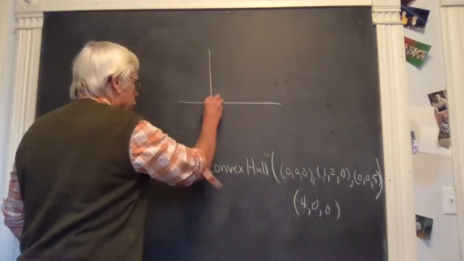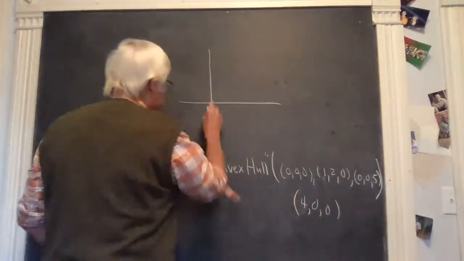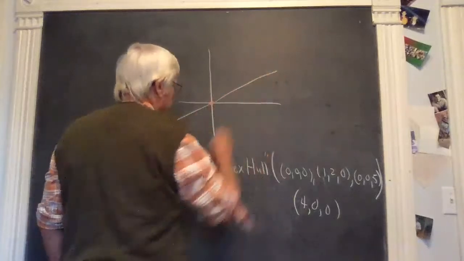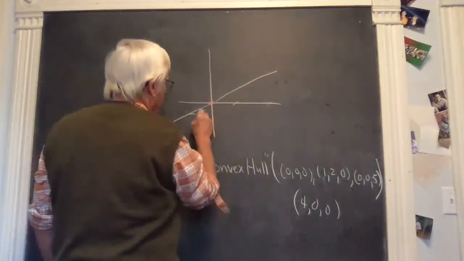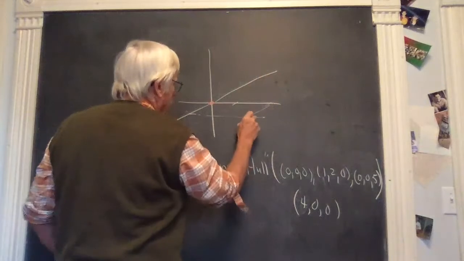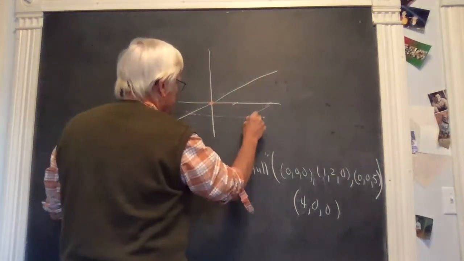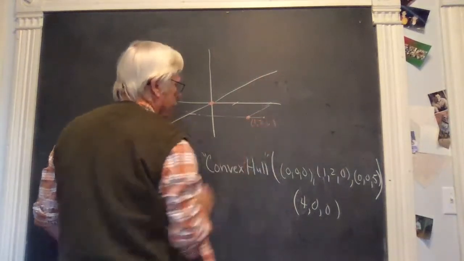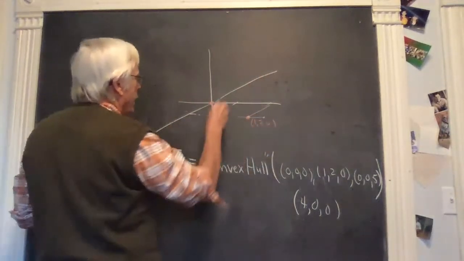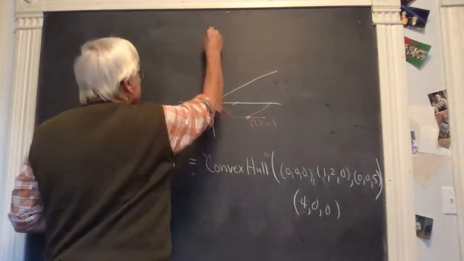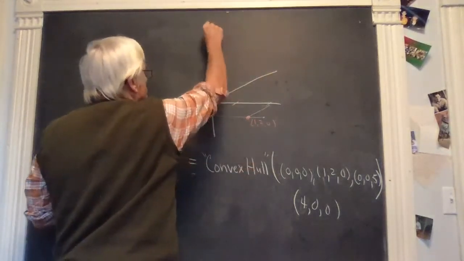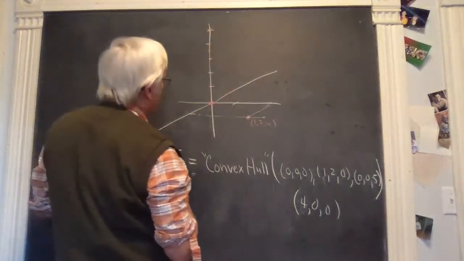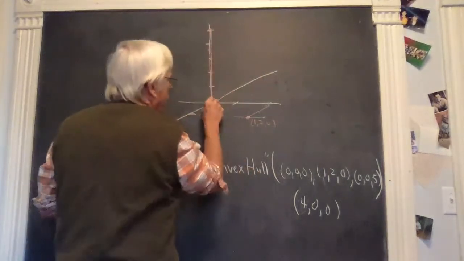Okay, so we have 0, 0, 0. 1, 2, 0. 0, 0, 5. So far, those 3 points determine a triangle.